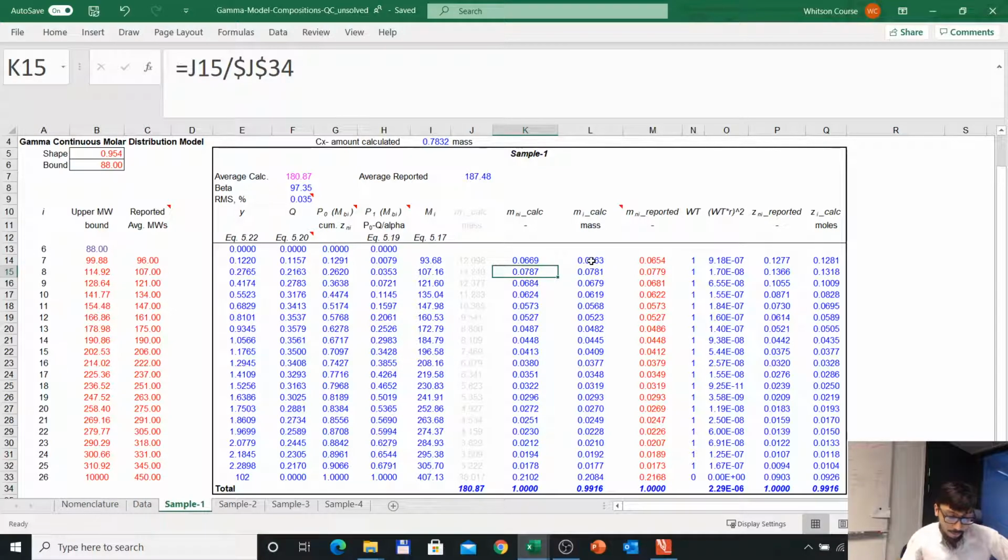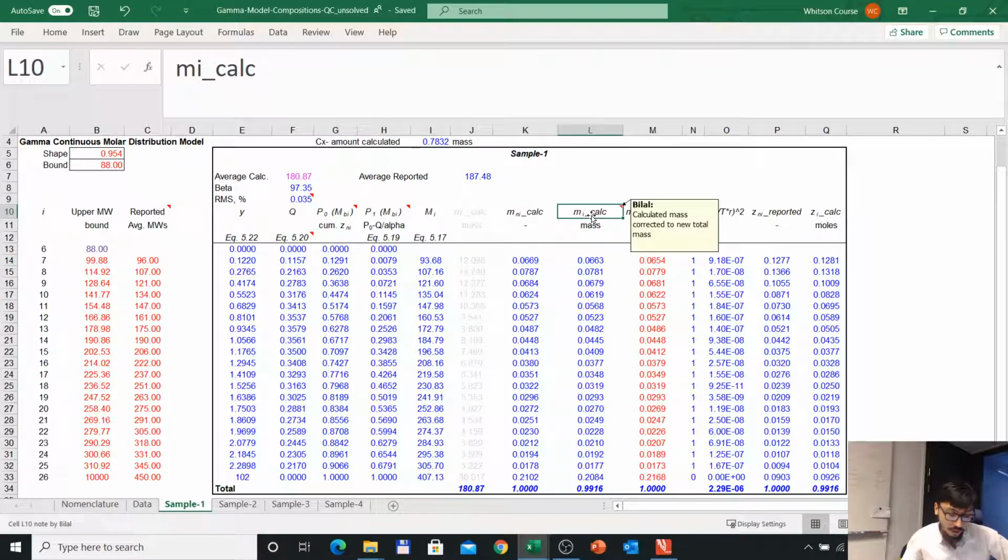And then we have for each component calculated mass. And now this is not the same as this one. This one is calculated mass, and also this one is not the same as this one. This is the calculated mass, taking this normalized mass and correcting it to the new total mass. Okay, so you see here in the comment, calculated mass corrected to new total mass.